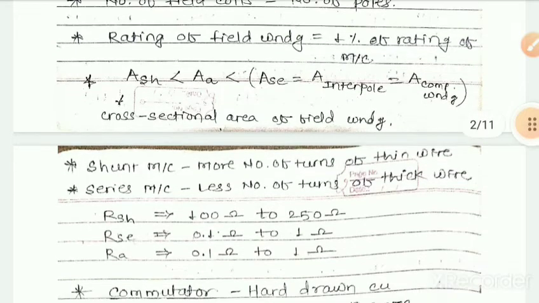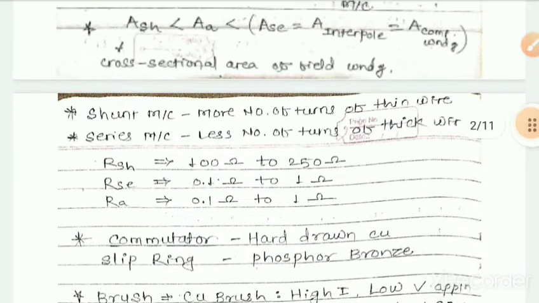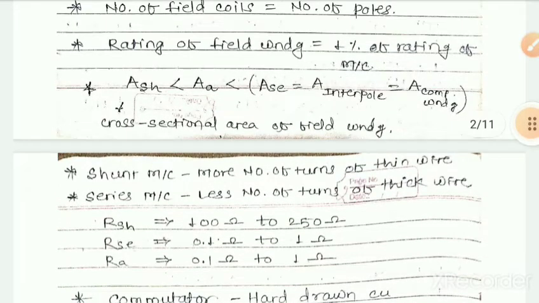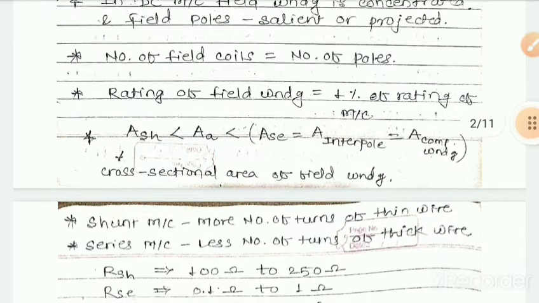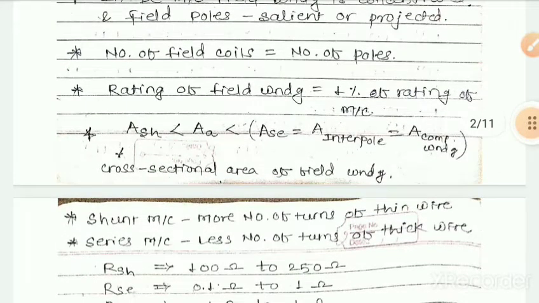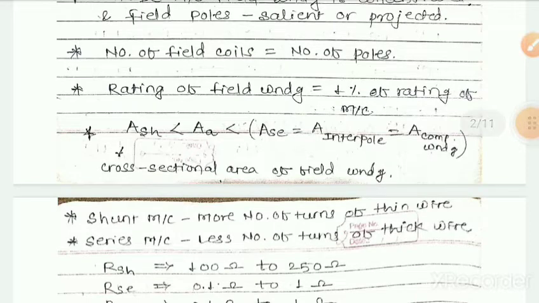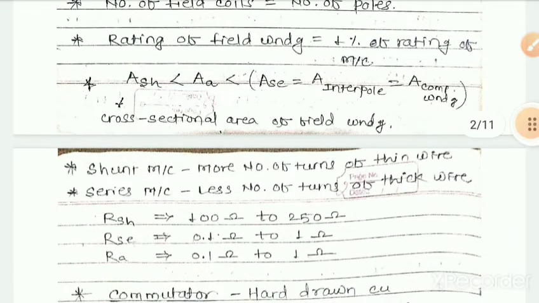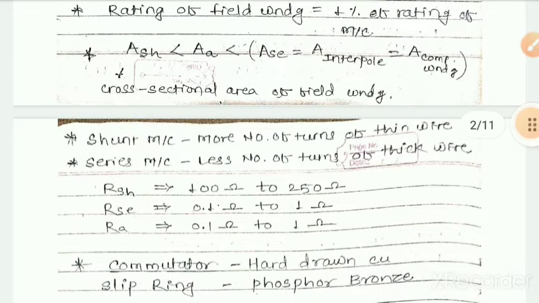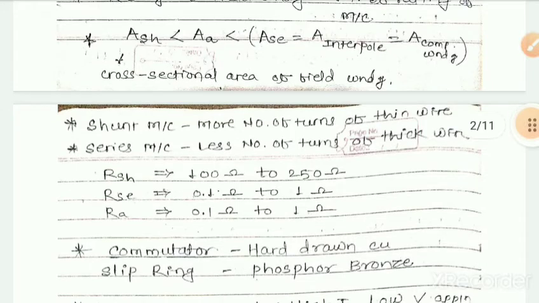Let's see the cross sectional area of the DC shunt field winding, and in a series motor the series field winding cross sectional area. The cross sectional area of the shunt field winding is less compared to that of the field winding in a series motor because the resistance of the series field winding is very low compared to the DC shunt motor's field winding.